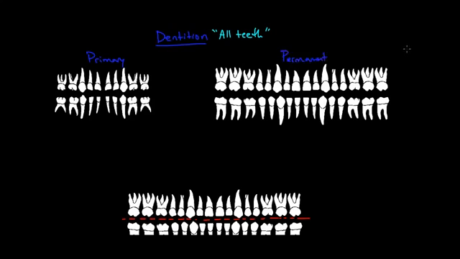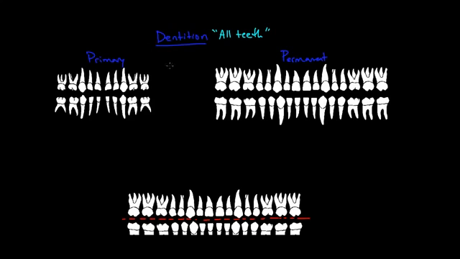There are key differences between the primary and permanent dentition, and I'll be explaining all that later in other videos. So I just wanted to give you a brief introduction. Dentition refers to all teeth in the mouth, and you have two different types, primary and permanent dentition.